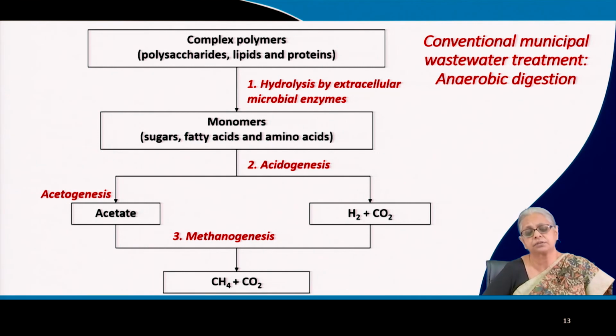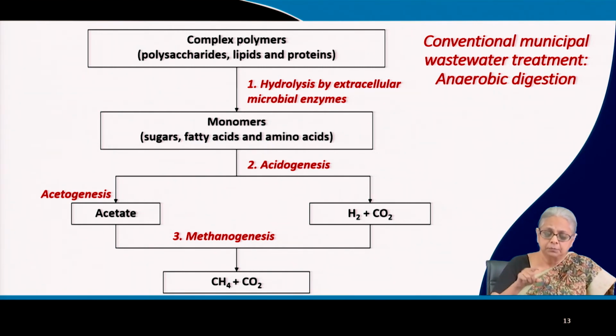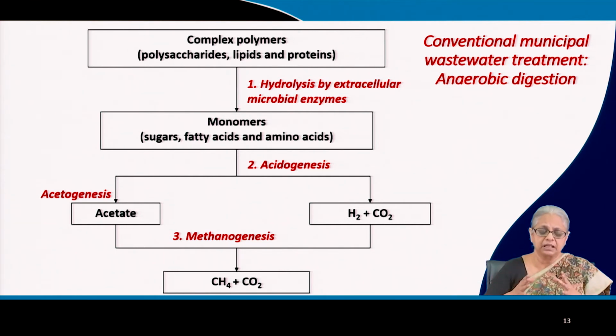Now acidogenesis is called acidogenesis for one simple reason. The main step that happens here in the first case is the generation of volatile fatty acids. These volatile fatty acids are C3, C4, C5 carbon containing acids. So you have propionic acid, butyric acid, and so on. These fatty acids are then converted to acetate in a process which is called acetogenesis.